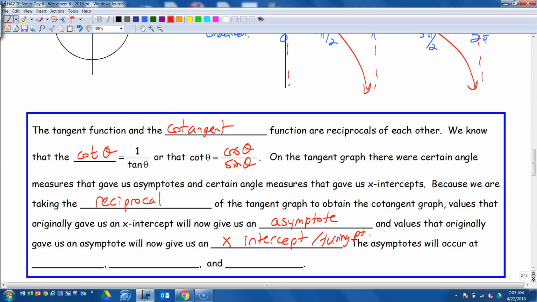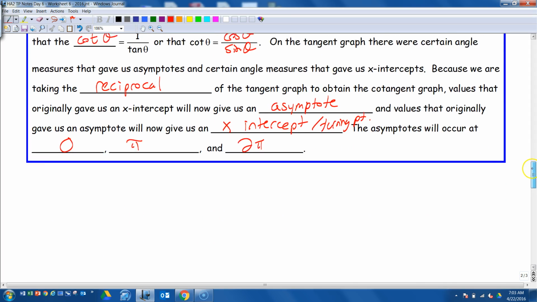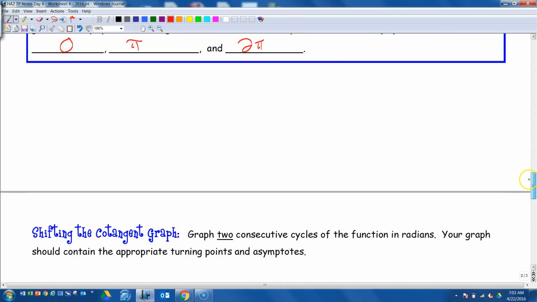The asymptotes will occur at, so in this case now the asymptotes are at 0, pi, and 2 pi. And then our turning points will be at pi over 2 and 3 pi over 2.